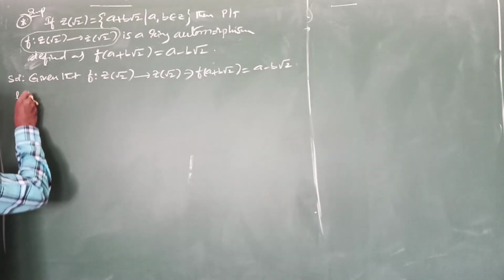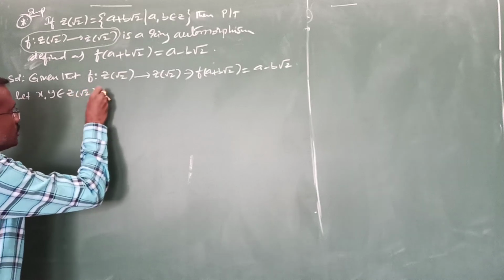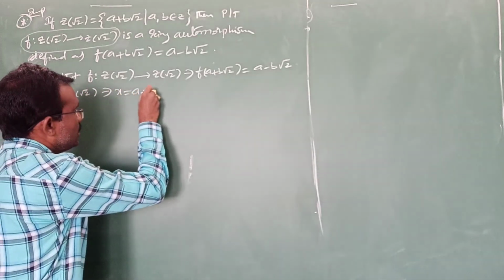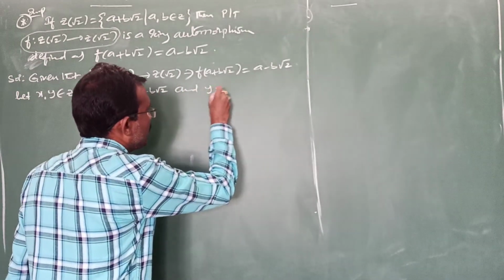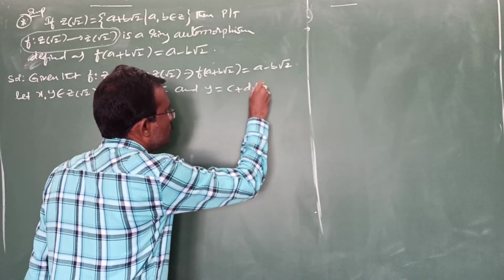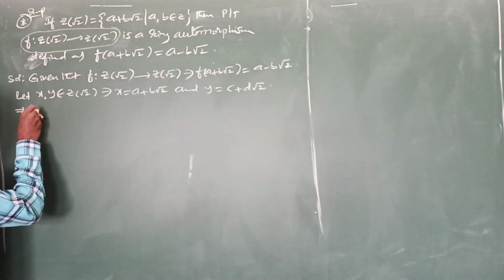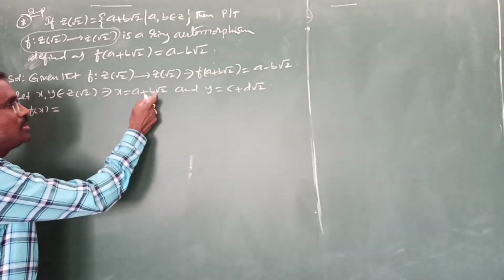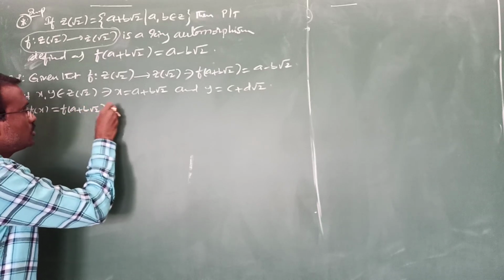Let x, y belongs to Z root 2 such that x I am going to take as general element a plus b into root 2 and y let us take as c plus d into root 2, right? From this define f of x ma, దీని నుండి f of x form చేయండి. It is f of a plus b root 2, which is what ma?